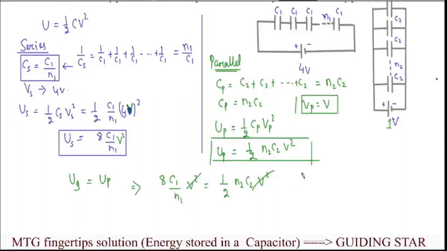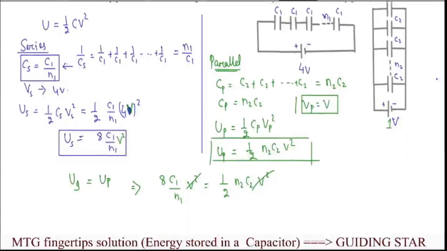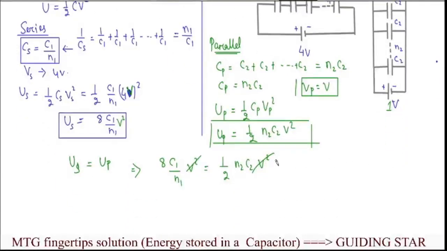So finally in this particular case, what is being asked is the value of C2 in terms of C1. So the value of C2, if we calculate, will be nothing but, 2 will go to the numerator side. That means we write the left hand side part on the right hand side, that will be 8C1 upon N1, and 2 will go to the numerator into 2, and N2 will go to the denominator.